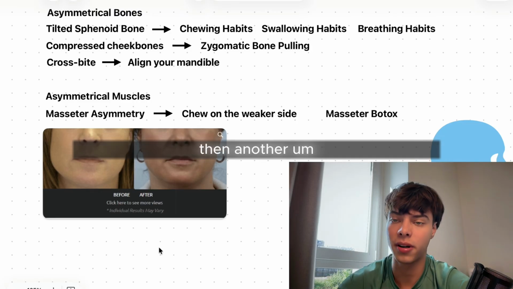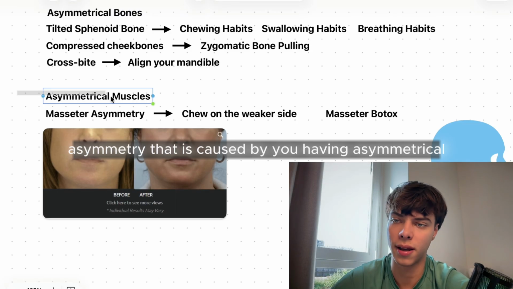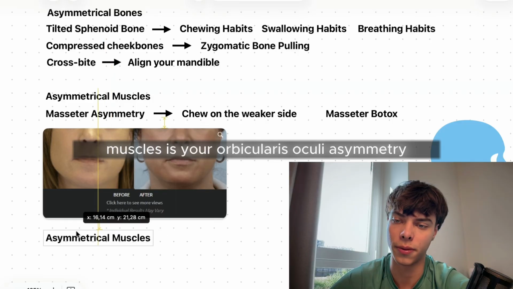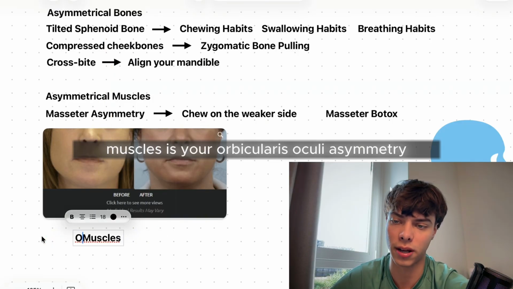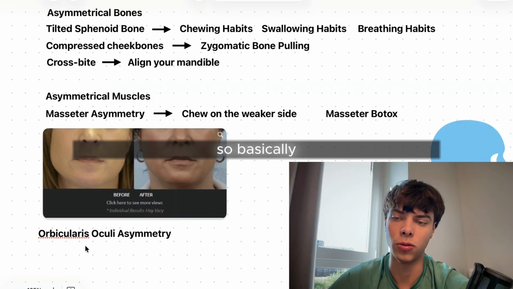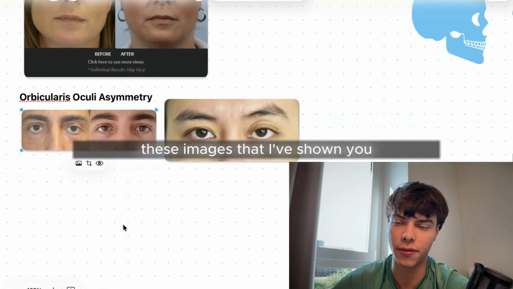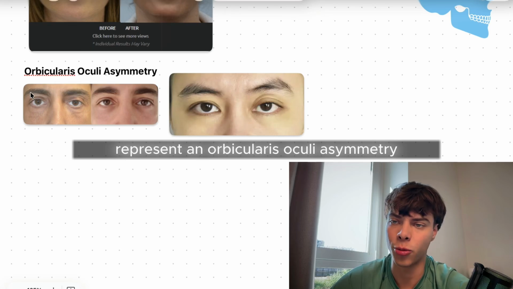Then another common asymmetry that is caused by asymmetrical muscles is orbicularis oculi asymmetry. So, for example, these images that I've shown you represent an orbicularis oculi asymmetry.